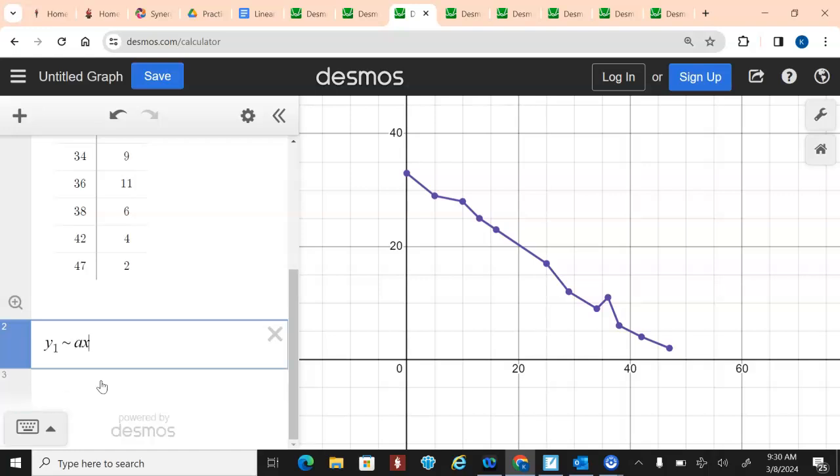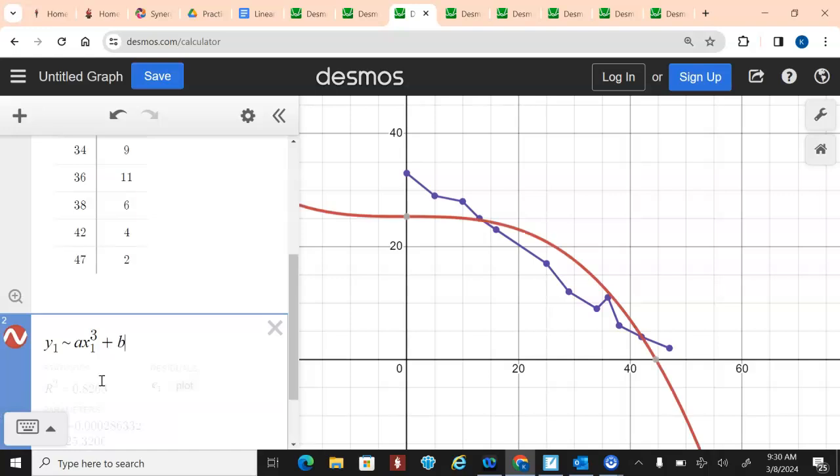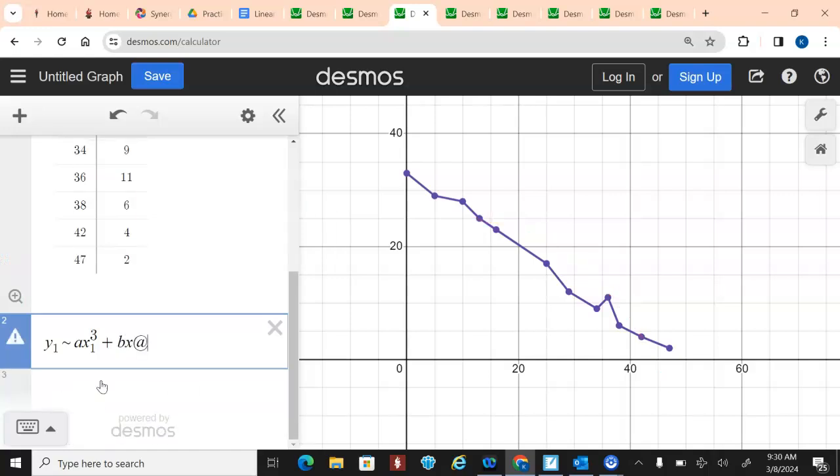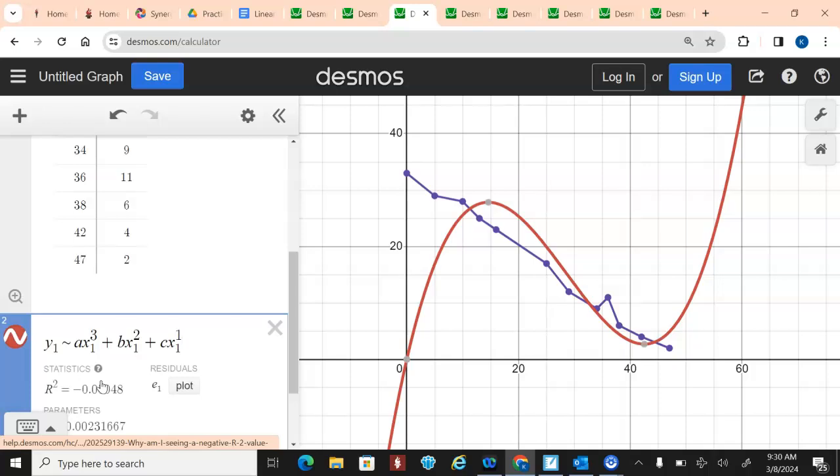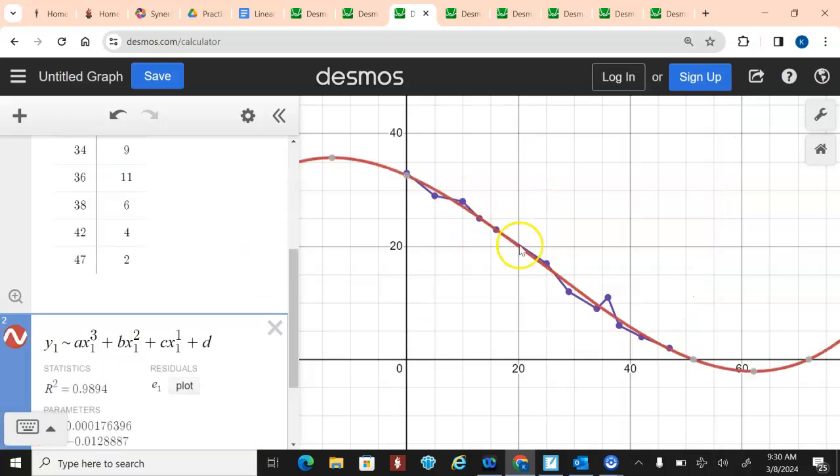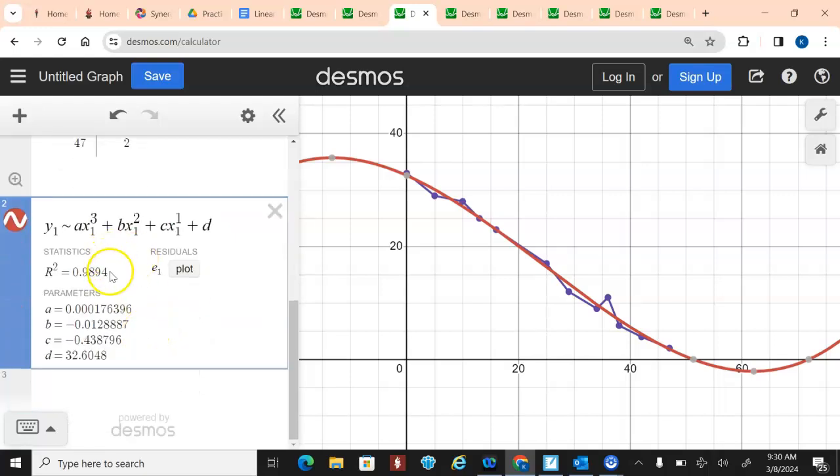So it's going to be ax cubed plus bx squared plus cx plus d. Okay, so there you go. It shows really nicely, and it's at 0.98, so very close to 1.